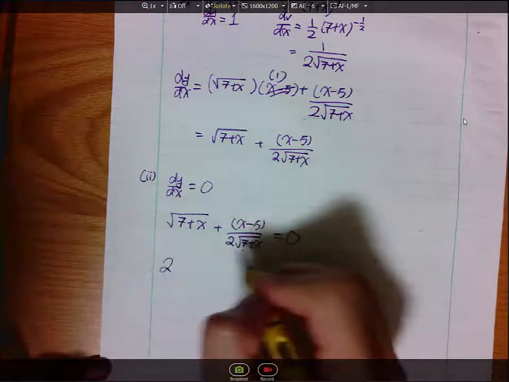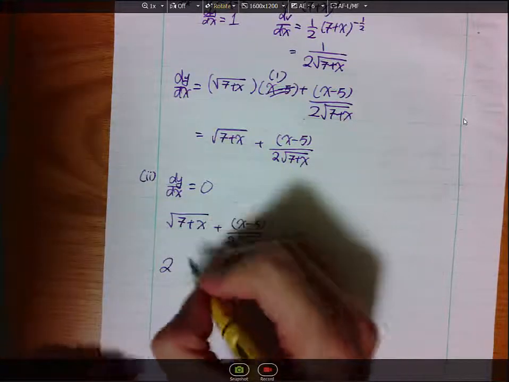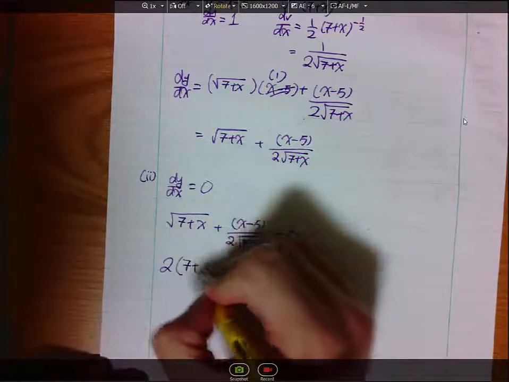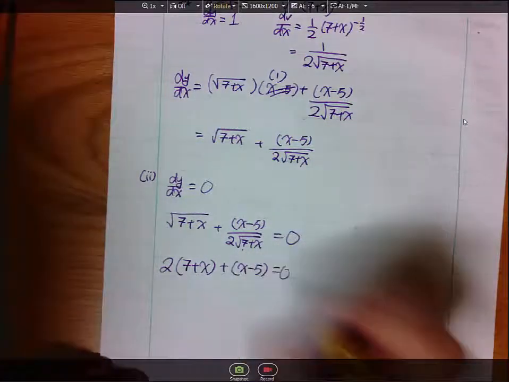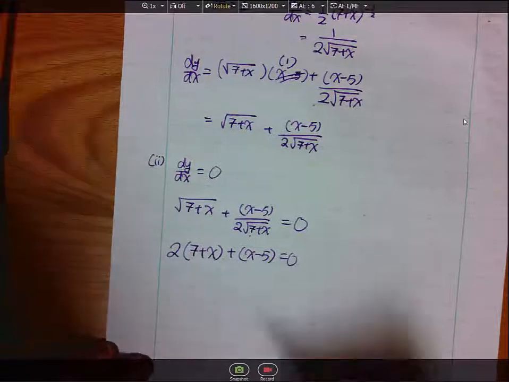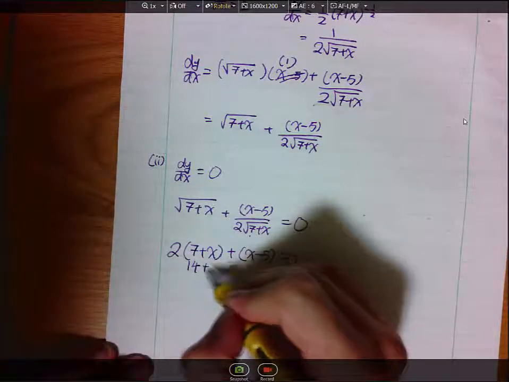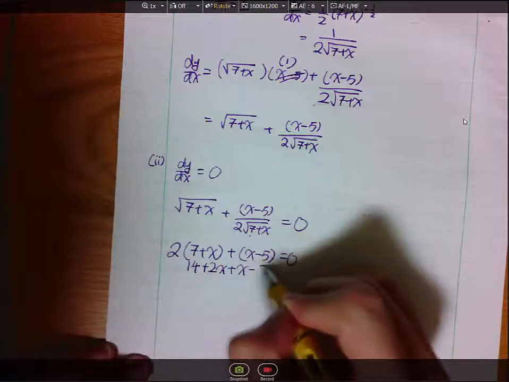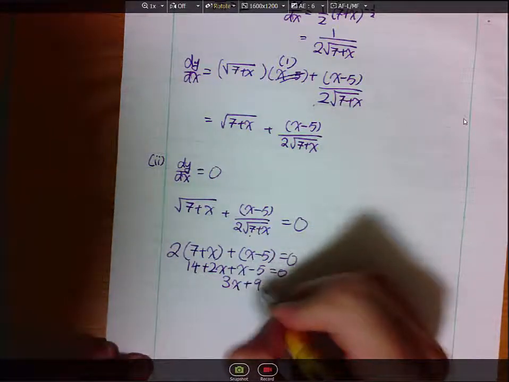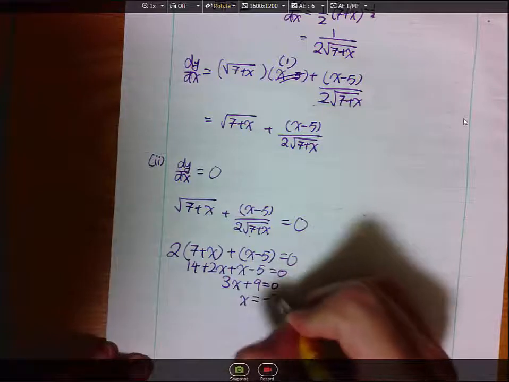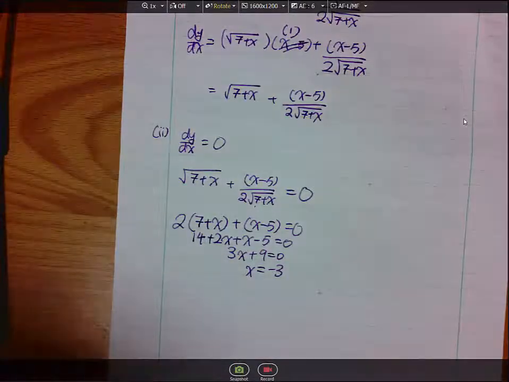So 2 times square root of 7 plus x times square root of 7 plus x gives you 7 plus x. This one plus x minus 5 equals 0. So we expand the brackets. We get 3x plus 9 equals 0. x equals negative 3.